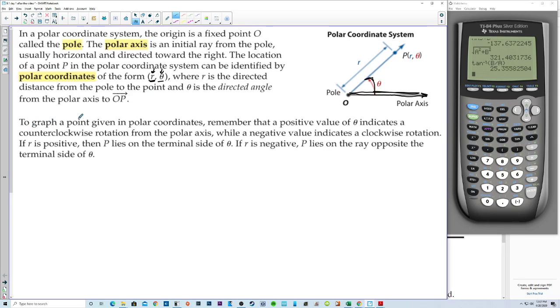To graph a point given in polar coordinates, remember that a positive value of theta indicates counterclockwise rotation from the polar axis, just like we do with unit circle measurements, while a negative value indicates a clockwise rotation. If r is positive, then P lies on the terminal side of theta, and if r is negative, P lies in the opposite direction, opposite the terminal side of theta.